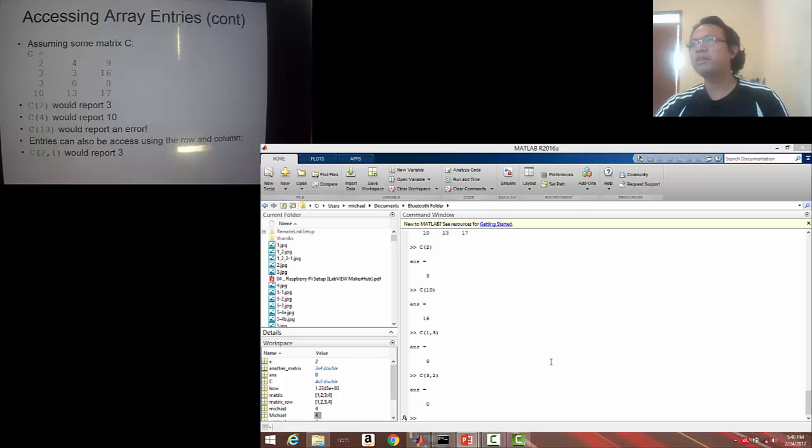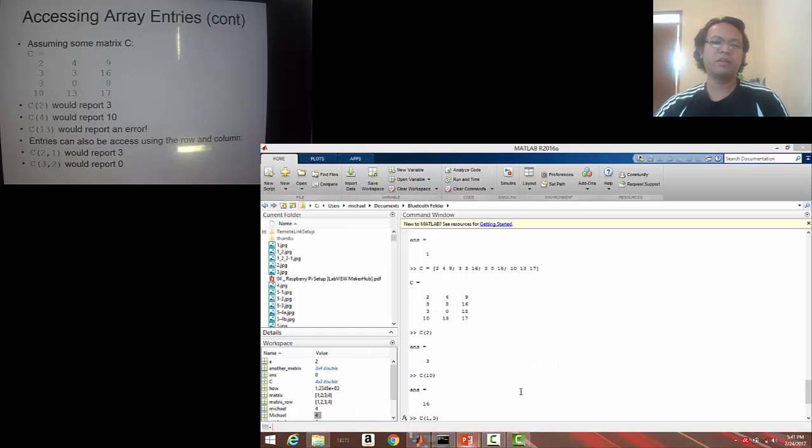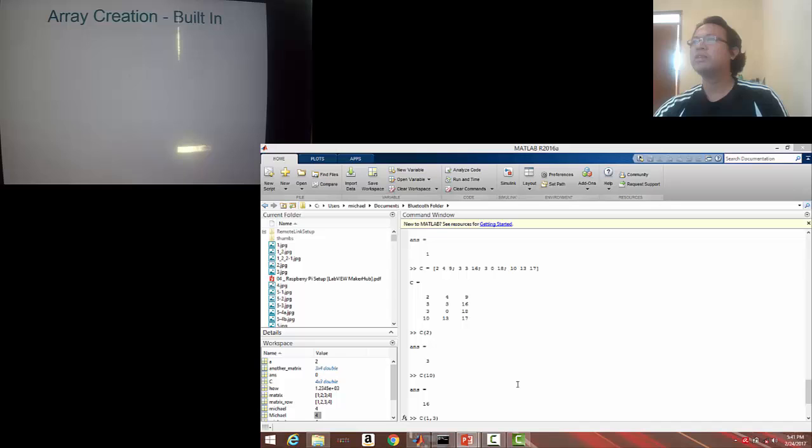C21 would report 3. Okay. Next is C32 would report 0. 1, 2. Okay, that is correct. So let's go back a little bit. 2, 1, 3, 3, 2, 0. Okay, that's correct. 5, 1 would report an error. That is out of bounds.